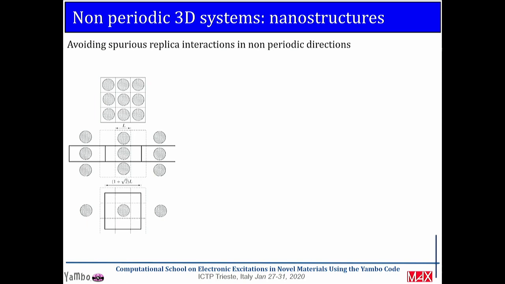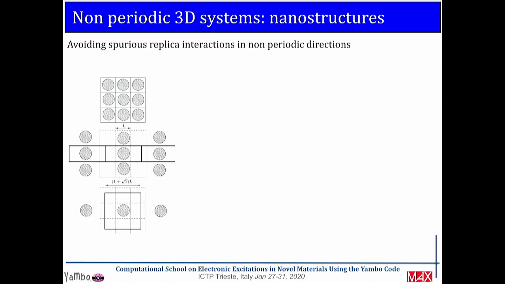And so the naive first thing that comes to mind, which is a problem that you have also in a DFT calculation, is to enlarge more and more, putting more and more vacuum in the non-periodic direction.